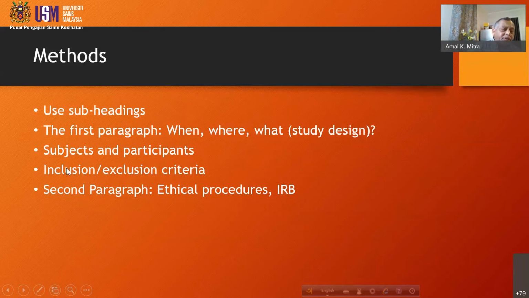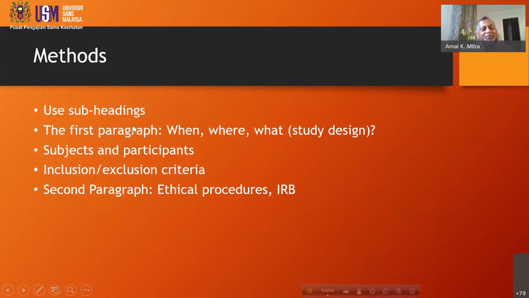Did you use any inclusion criteria and exclusion criteria or not? If so, describe them. Usually a couple of inclusion criteria, but very few exclusion criteria. Your exclusion criteria should not be too large, because that means you are excluding many people, okay?